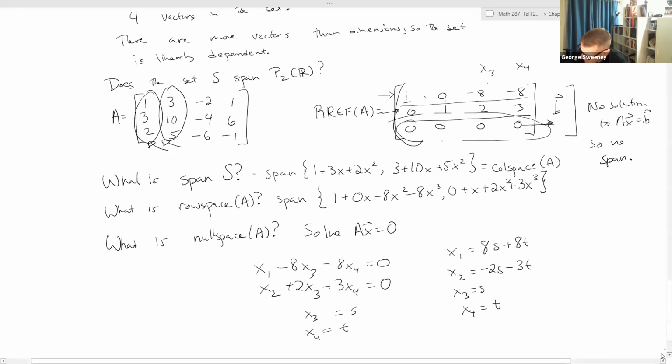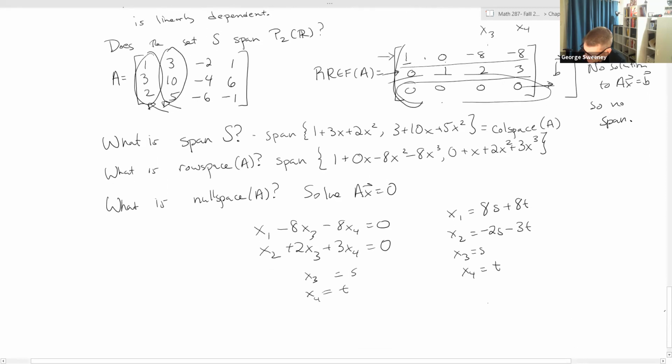So I need to write those as vectors now. What we're going to get is my vector x is going to equal s times (8, negative 2, 1, 0) plus t times (8, negative 3, 0, 1).